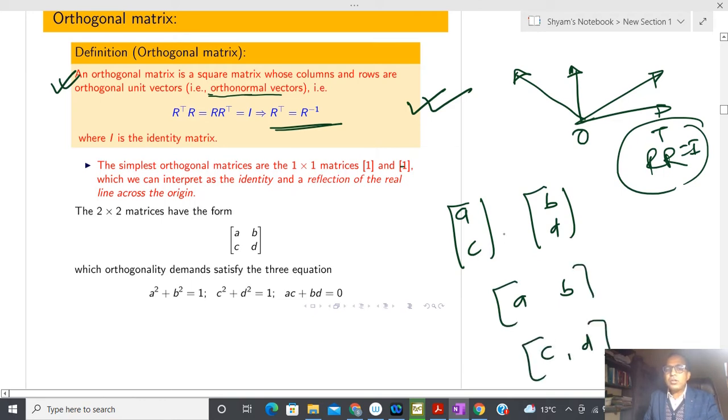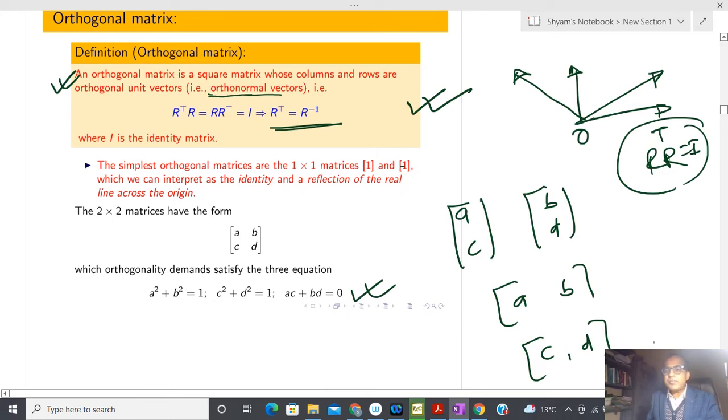These should be unit, so a square plus b square equal to 1, and c square plus d square equal to 1. After that we have to make sure they are also orthogonal. Orthogonal means ac plus bd is equal to 0. Now I have to guess the entries a, b, c.